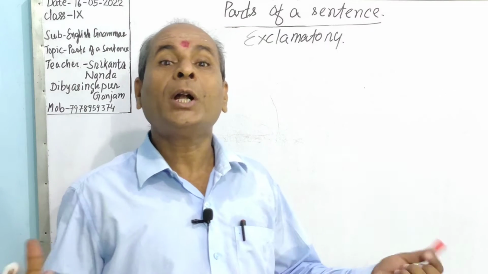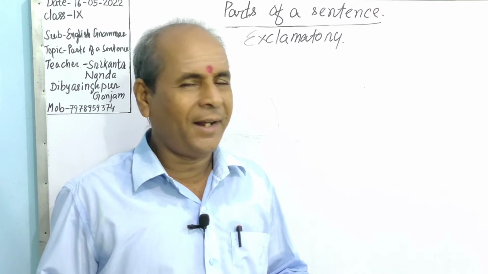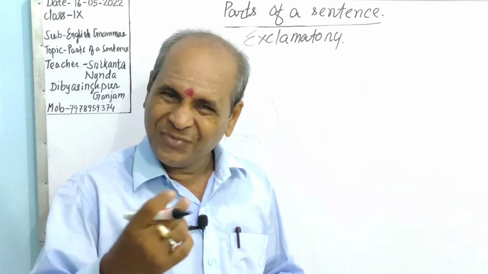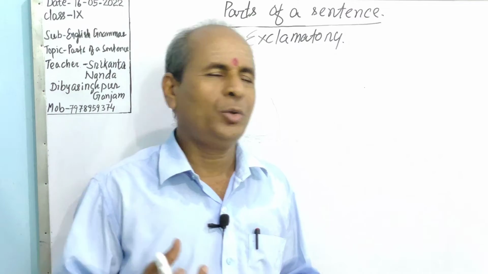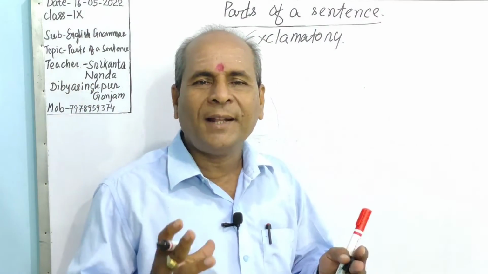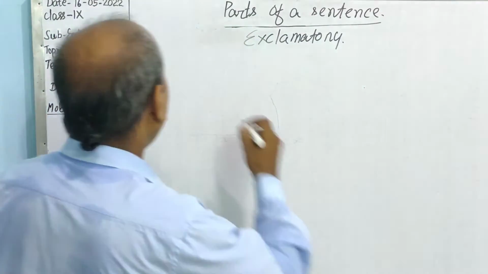Exclamatory means sudden feeling. Wow, how beautiful. Wow, what a nice day. Oh, how wonderful it is. These are the exclamatory sentences. Means sudden feeling, sudden happiness, sudden sorrow. That is an exclamatory sentence.